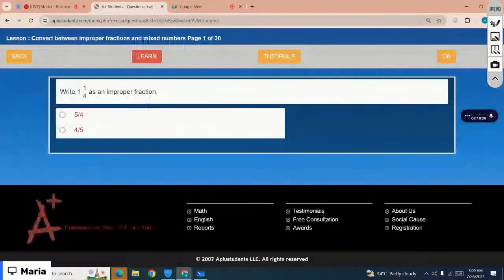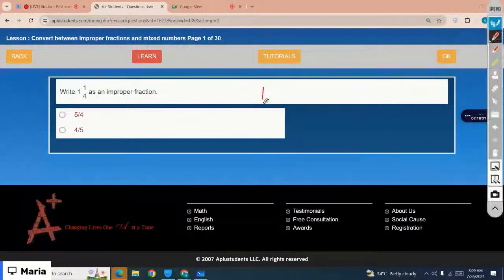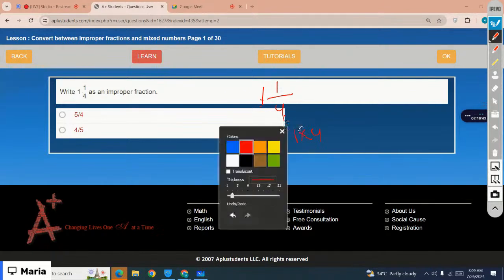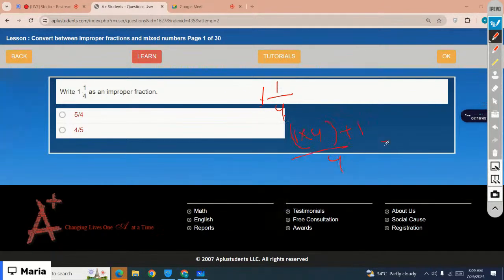Okay, write 1 whole 1 over 4 as an improper fraction. So how do you convert 1 whole 1 over 4? You have to multiply the whole number times the denominator. 1 times 4, where 4 is the denominator. Then you need to add the numerator, right? That is 4 times 1 is 4, and 1 is 5 over 4.